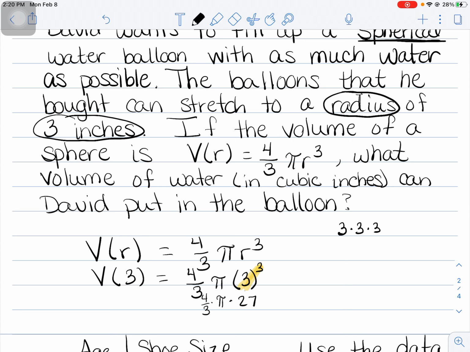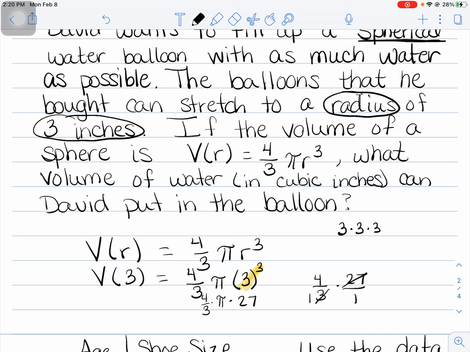Well, I'm going to leave it in terms of pi. Pi is normally worth 3.14, but I'm going to leave it in terms of pi. So we'll just leave pi alone, but we need to simplify 4/3 times 27. Remember, you can make anything look like a fraction by putting it over a 1, and let's cross reduce. Well, 3 can go into 3 one time, and 3 times what is 27?